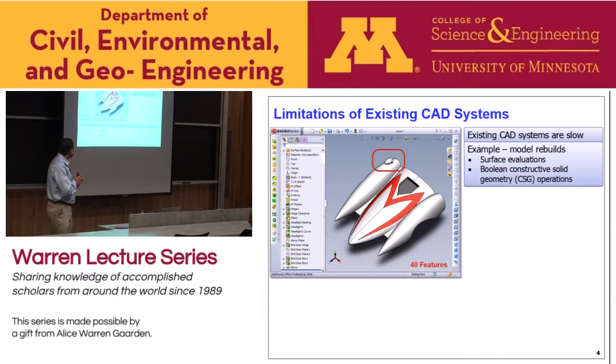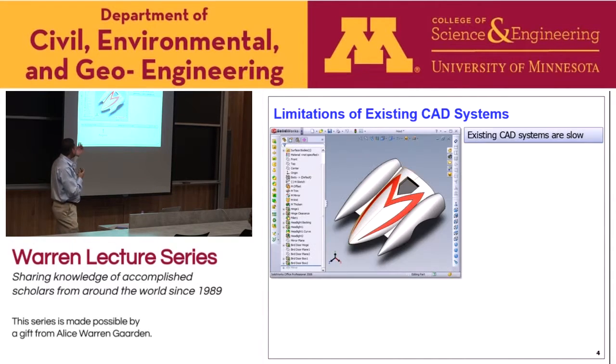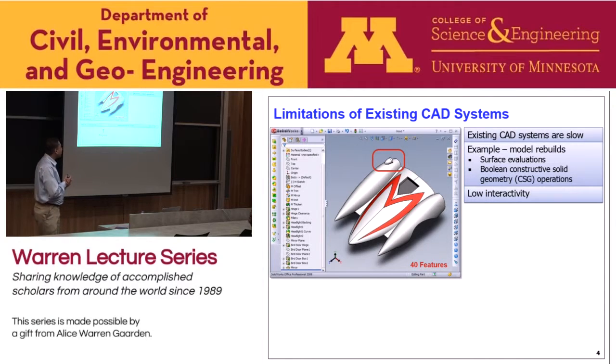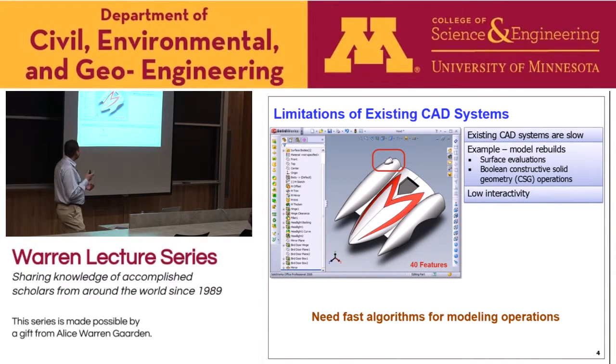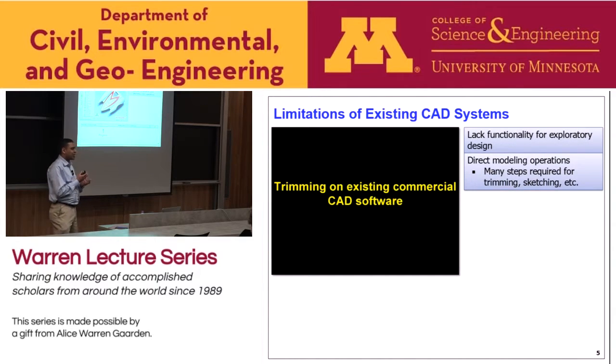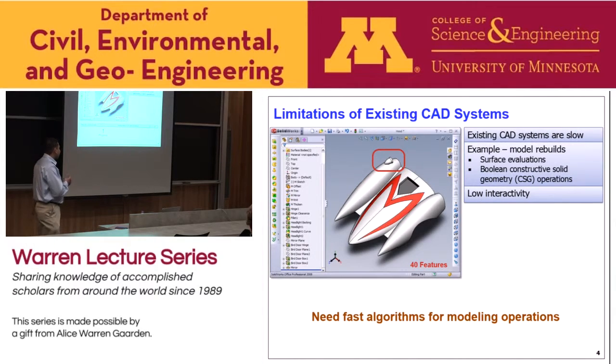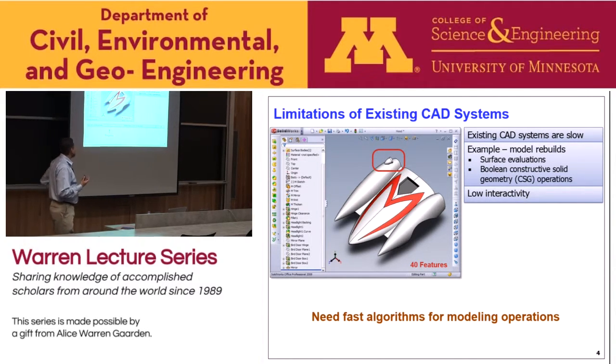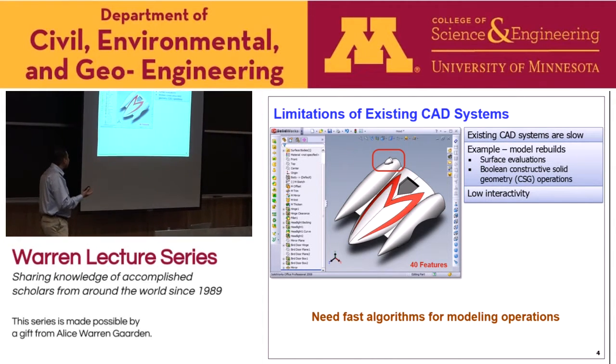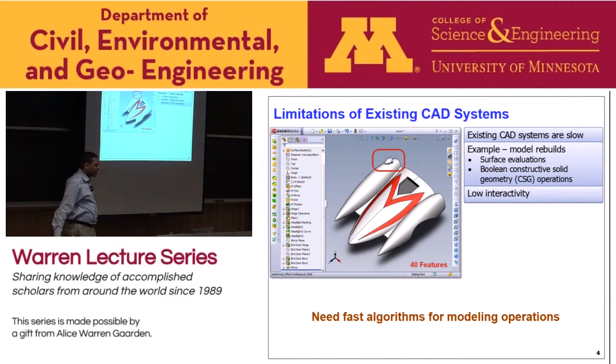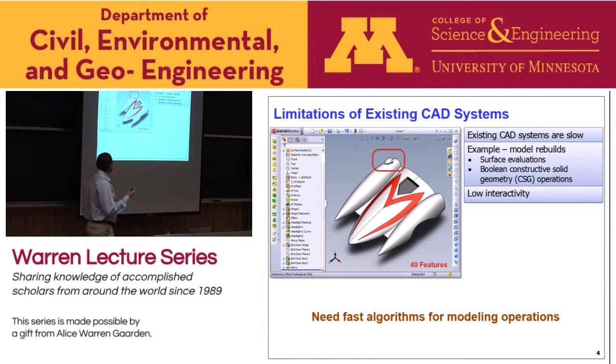In the background it does surface evaluations, Boolean operations, surface intersections, etc. After all these operations are completed, you get a new geometry with the features added. What I'm showing here is the progress of adding one feature onto this CAD model, which has around 40 features, and it almost took a minute to add this extra feature.